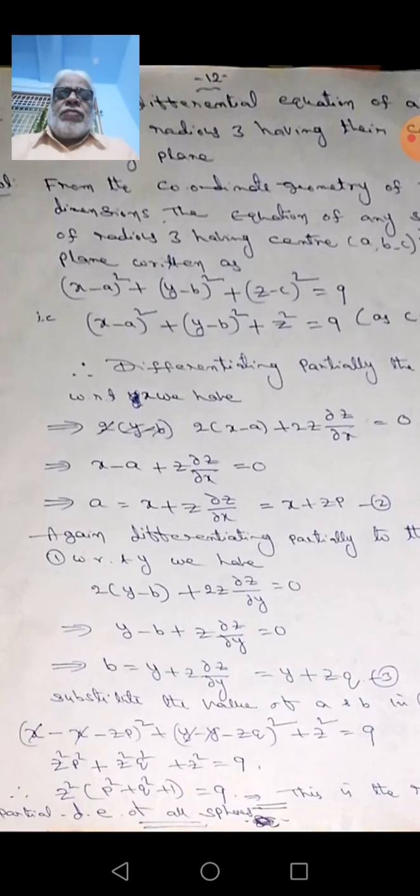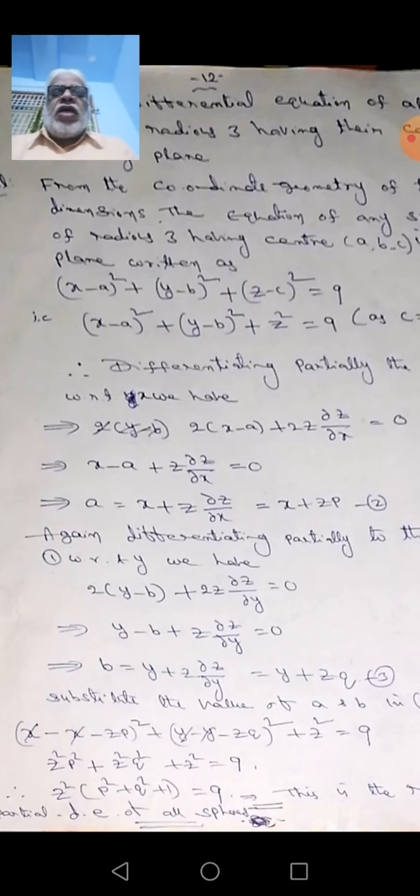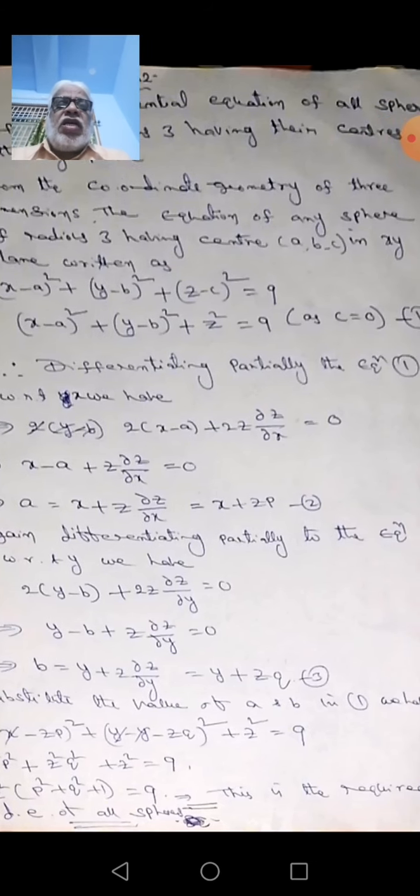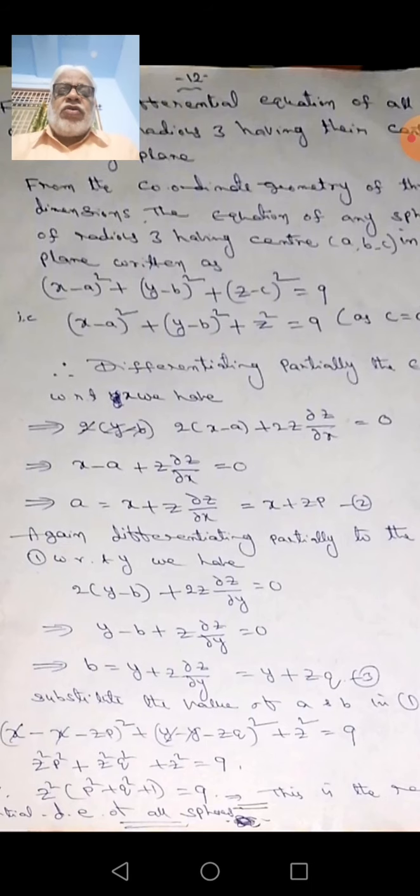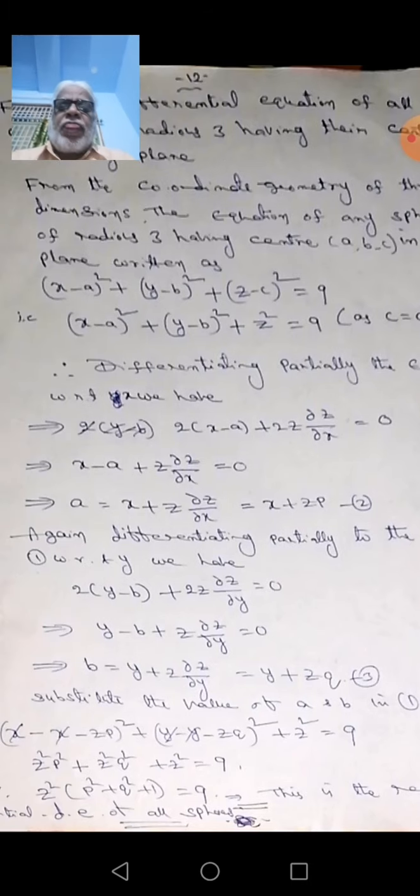Here we take the center as a comma b comma c for a sphere in 3 dimensions, but the center is in the xy plane. That's why we take (x minus a) whole square plus (y minus b) whole square plus z square is equal to 9, because in the xy plane c is equal to 0.